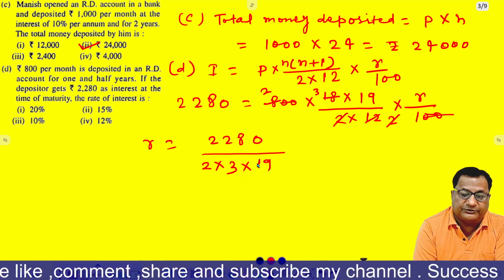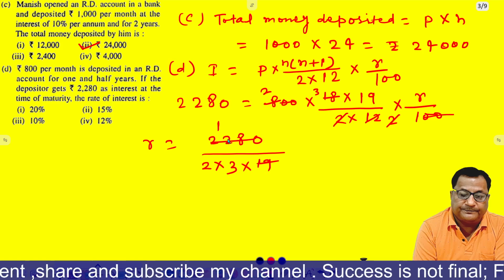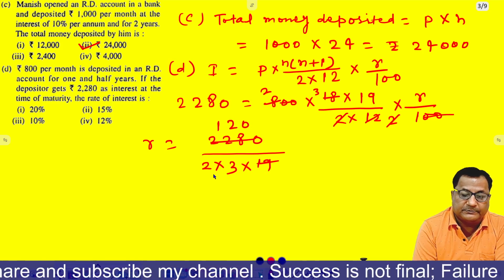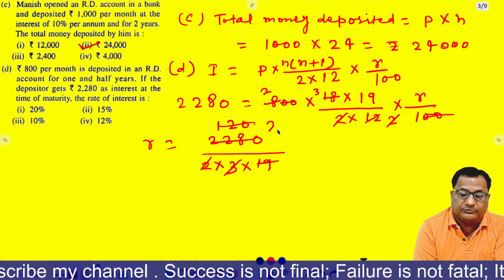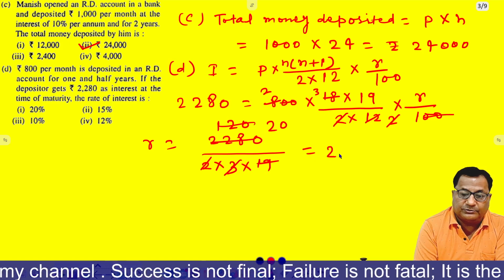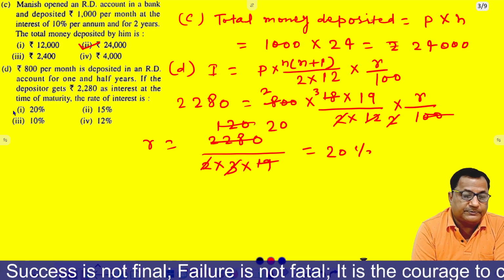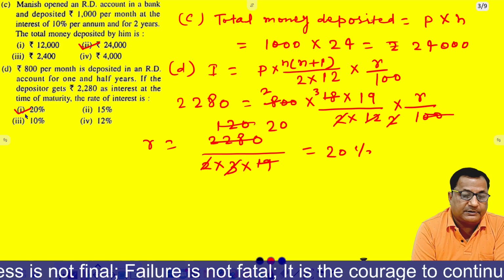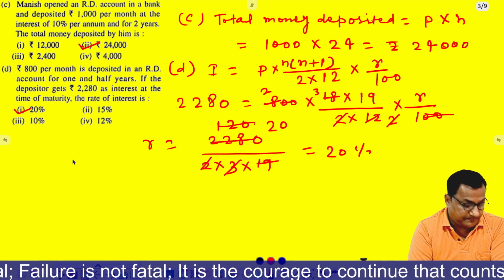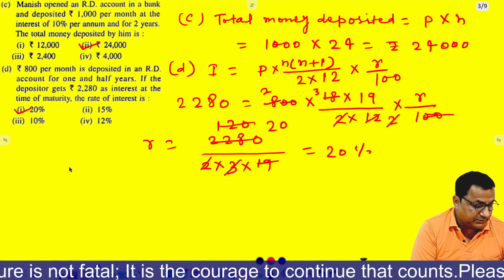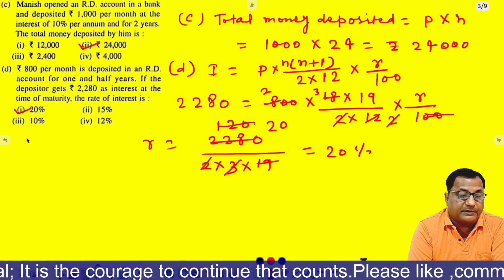If you calculate this, 19 1s are 19, 3 2s are 6, 6 divide then 20. So this is 20%. So 20% is the answer, but in the book it is given option 3.